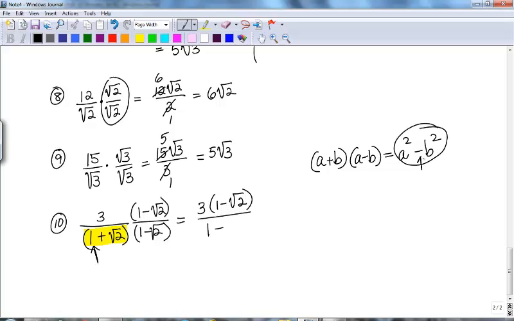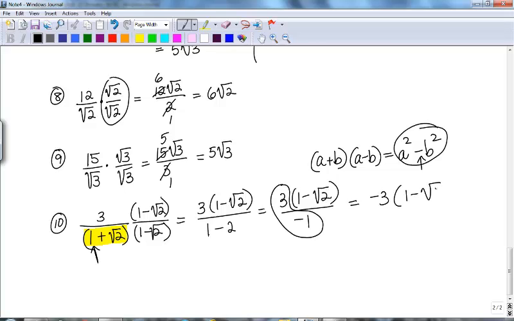Minus, because it's a minus. And then square the second one: radical 2 squared, radical 2 times radical 2 is just 2. So we end up with 3 times 1 minus radical 2, all over a negative 1. You could then divide this out and say it's negative 3 times 1 minus radical 2. And that's your answer.